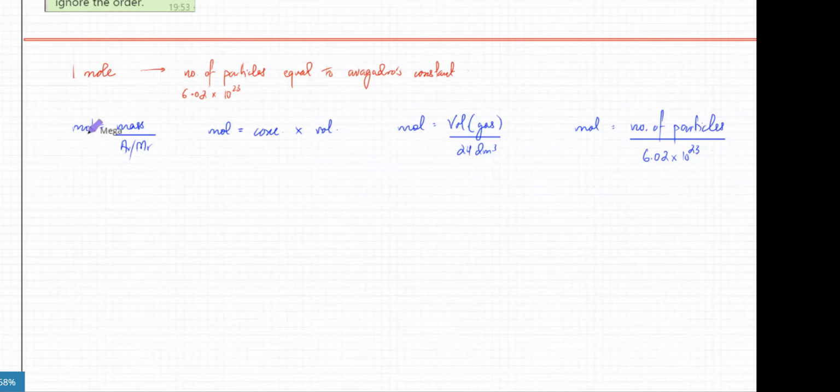The first one, the molar masses, AR and MR, that's your molar mass.